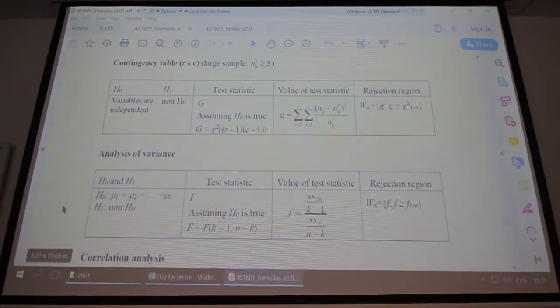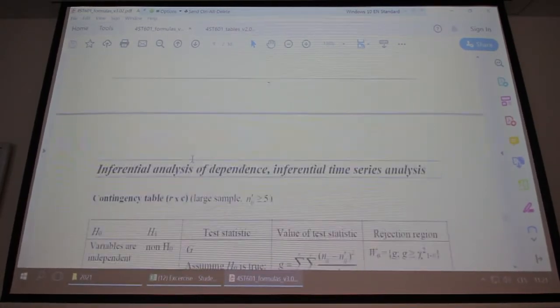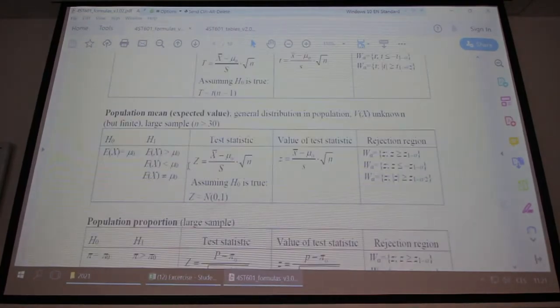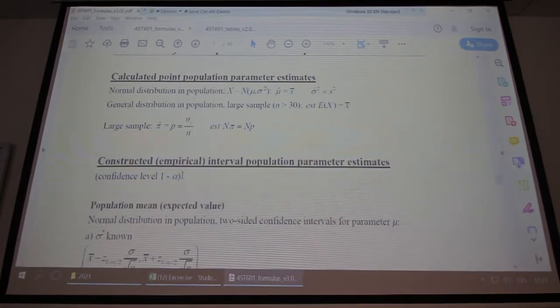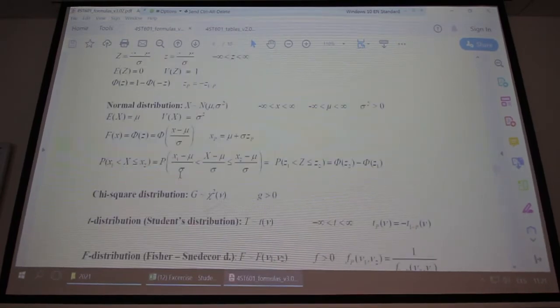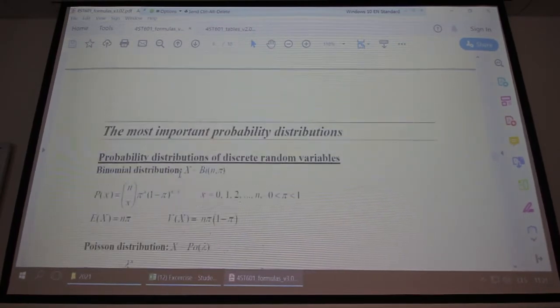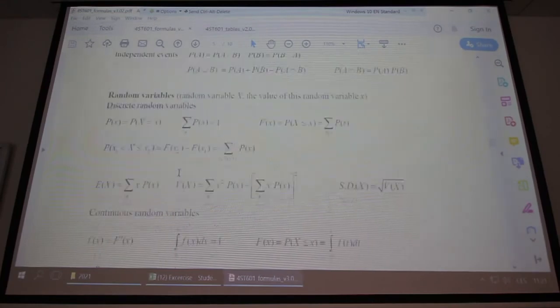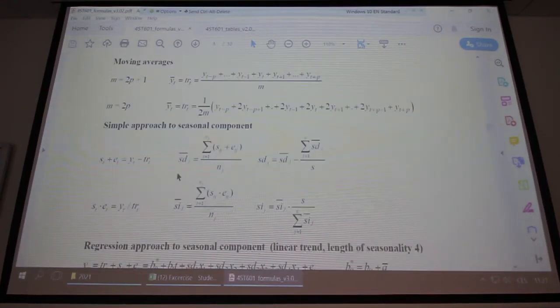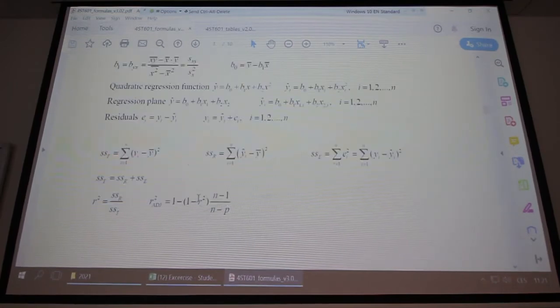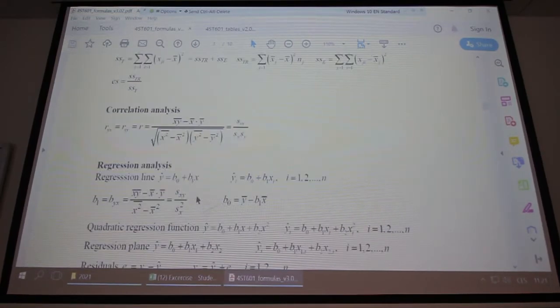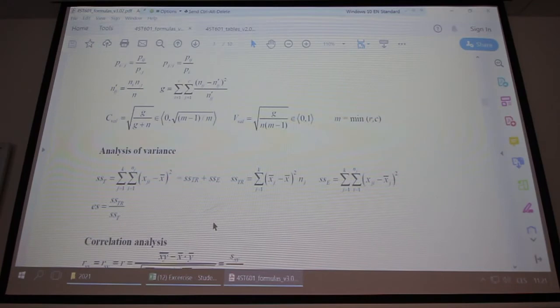Do you remember the situation? I will scroll up, yes, where you can find it. It's many weeks ago, please wait a second, really many weeks ago, regression, correlation, analysis of variance.